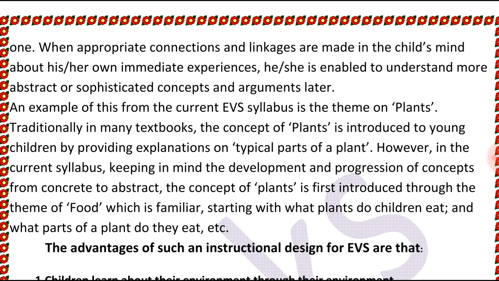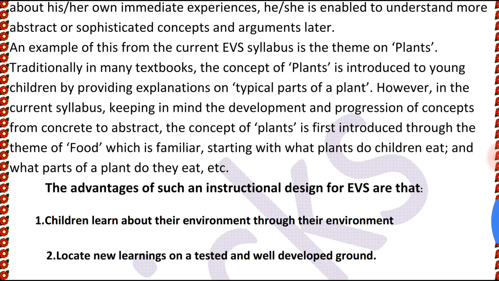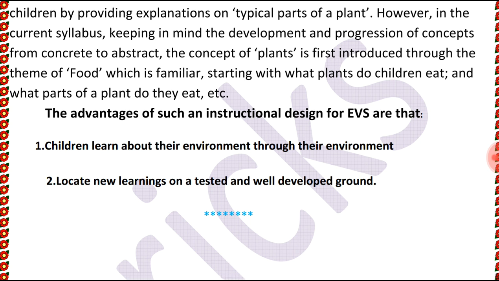However, in the current syllabus, keeping in mind the development and progression of concept from concrete to abstract, the concept of plants is first introduced through the theme of food, which is familiar, starting with what plants do children eat and what part of a plant do they eat, etc. The advantages of such an instructional design for EVS are that children learn about their environment through their environment. Second number, locate new learning on a tested and well developed ground.